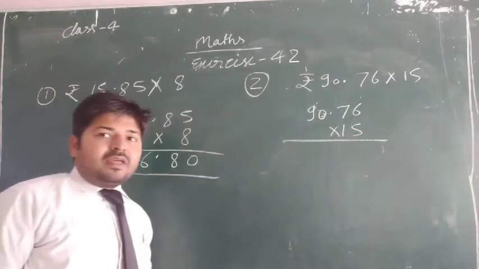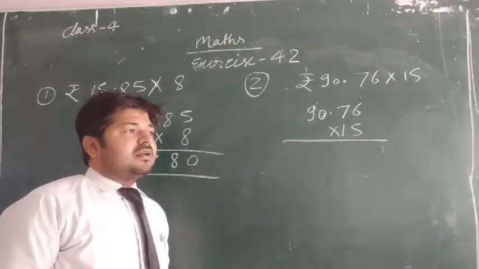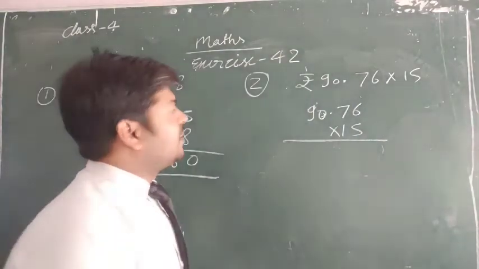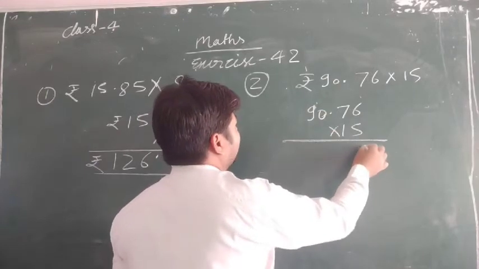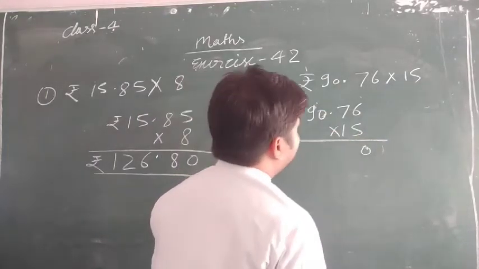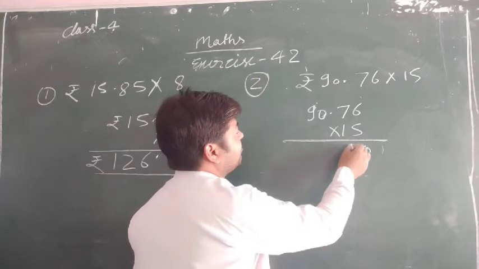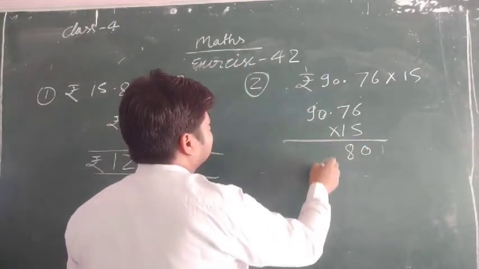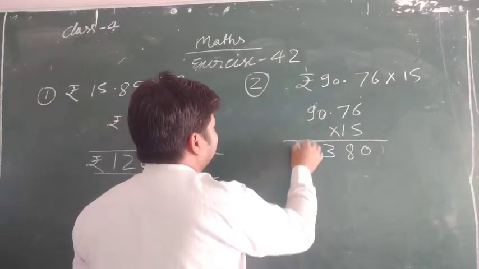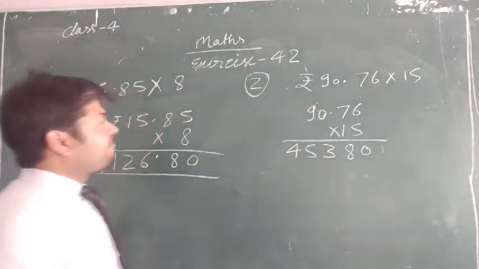So simply you know multiplication, how to do multiplication. So firstly I will multiply. 5 sixes are 30 and 5 sevens are 35. 3 carry, 38. 5 zeros are 0 and 3. 5 nines are 45. Okay.